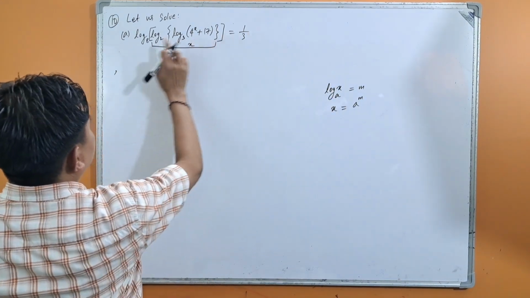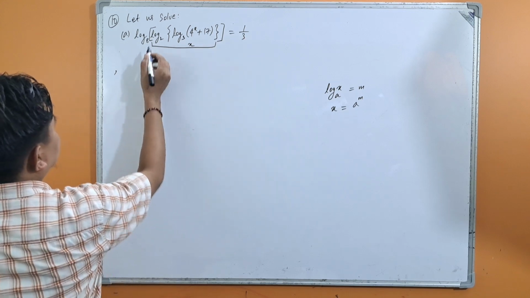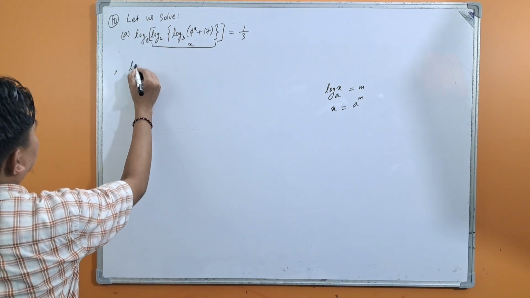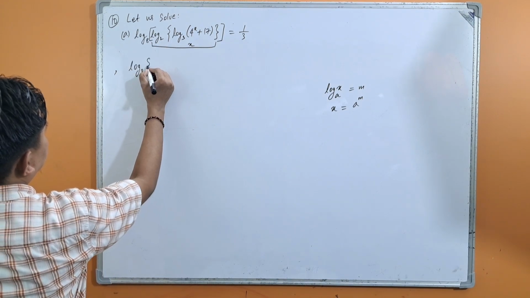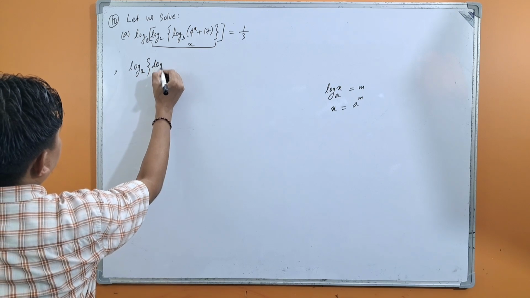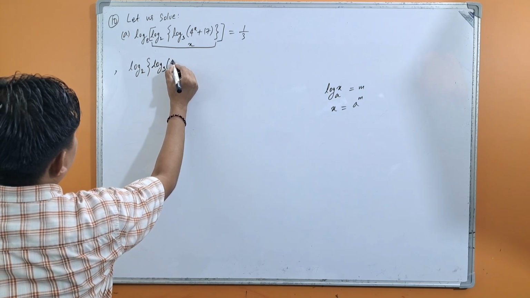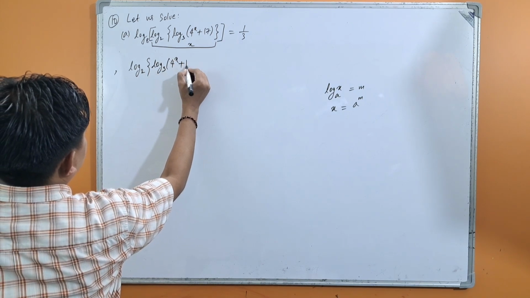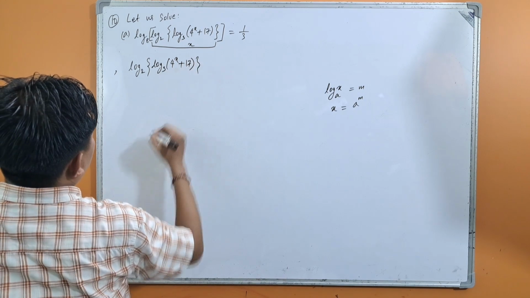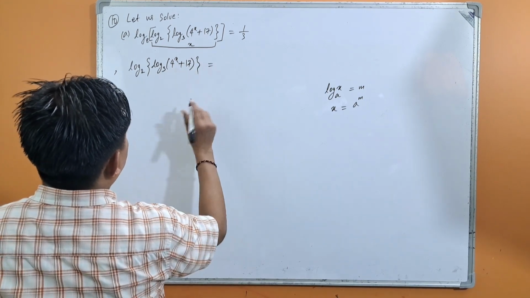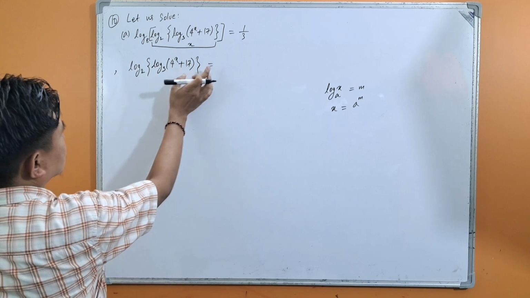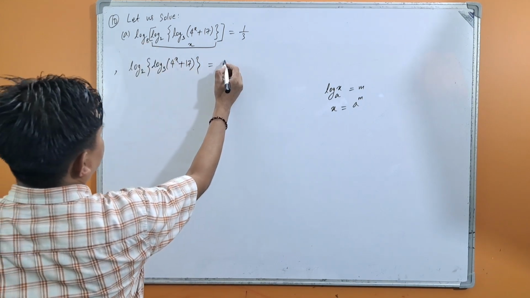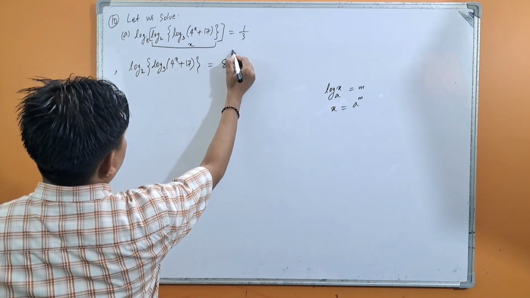This becomes power, this 8 goes to base. So x is log base 2, curly bracket, log base 3 and then 4 to the power x plus 17, curly bracket close, equal to, this is x, x is equal to base we write here and power 1 by 3.